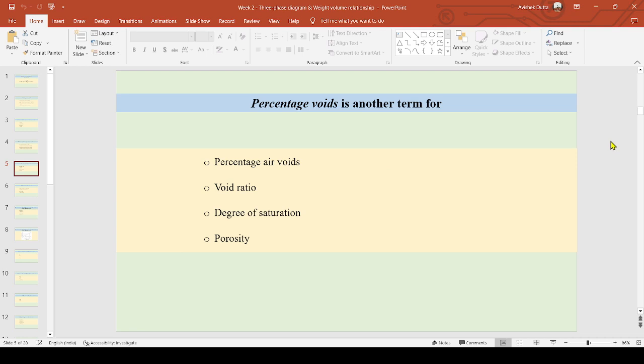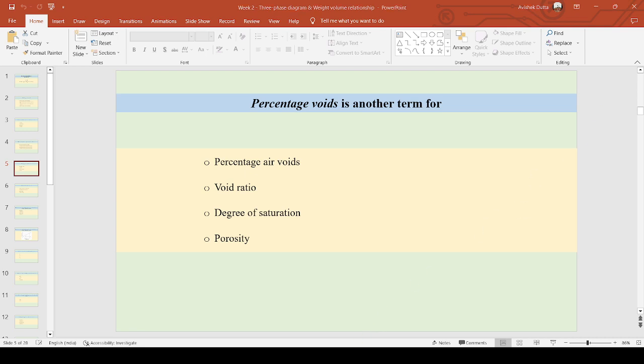If you tell me what is another term for percentage voids, the options are percentage air voids, void ratio, degree of saturation, or porosity.